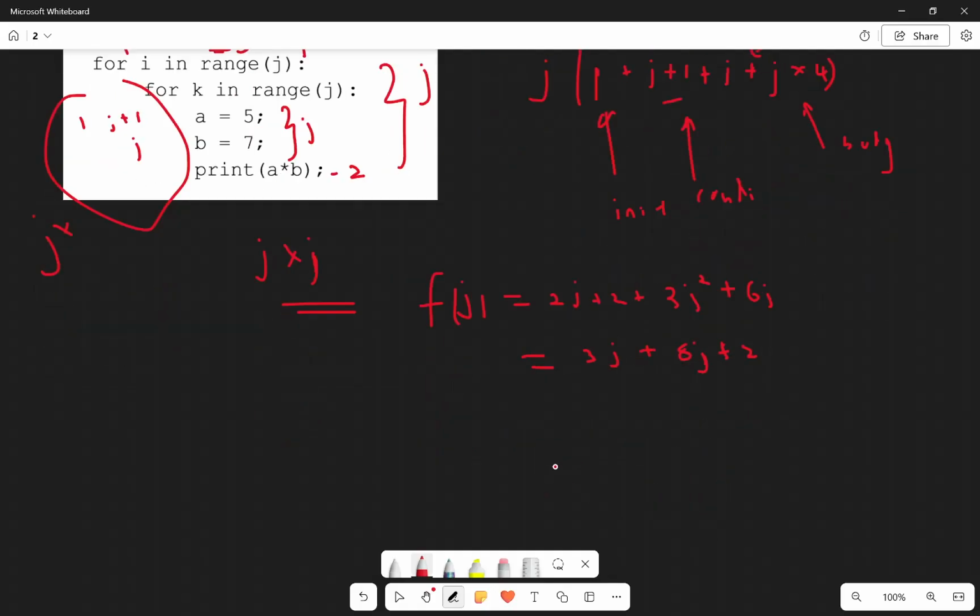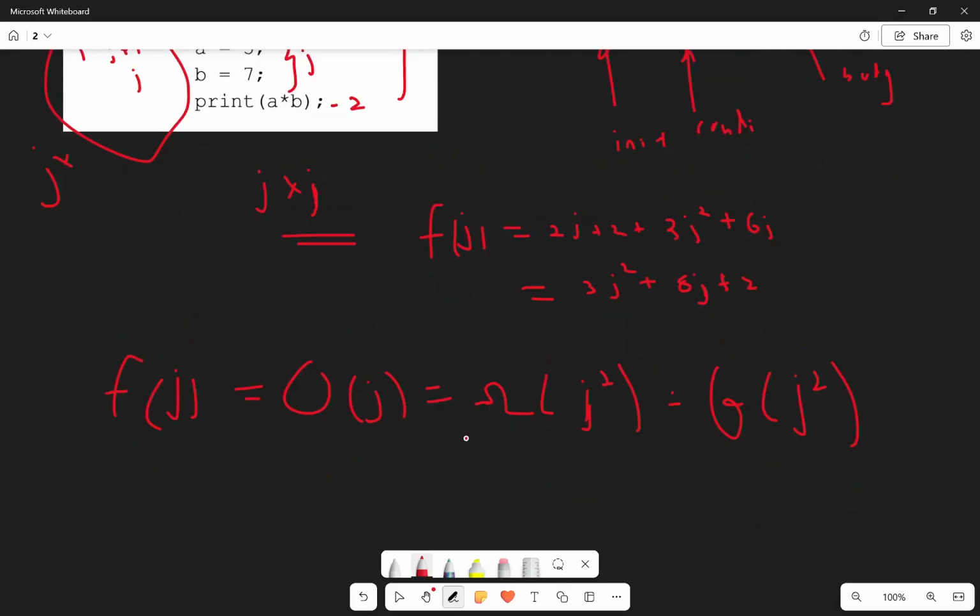In order to find big O, this should be 3j squared. So you can say f(j) is equal to big O of j squared, big omega of j squared, and then theta of j squared.